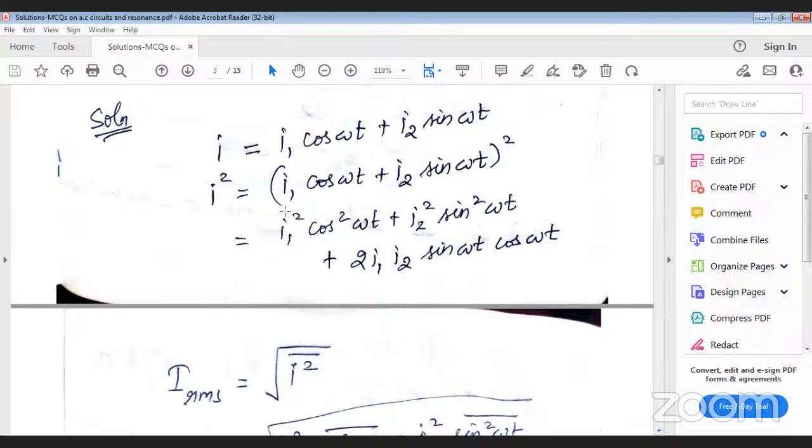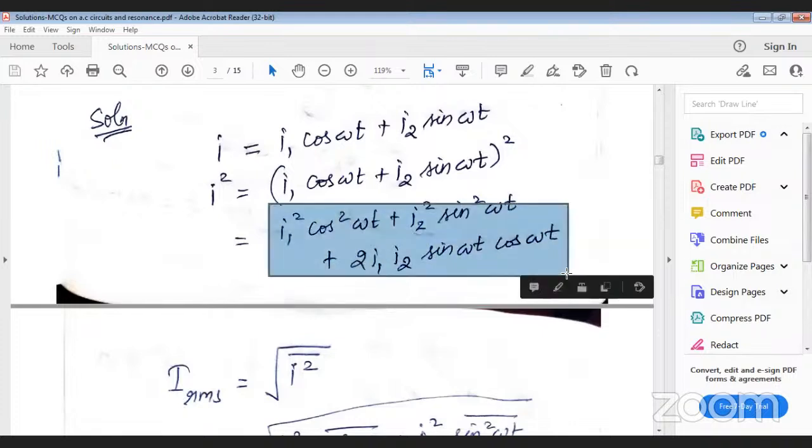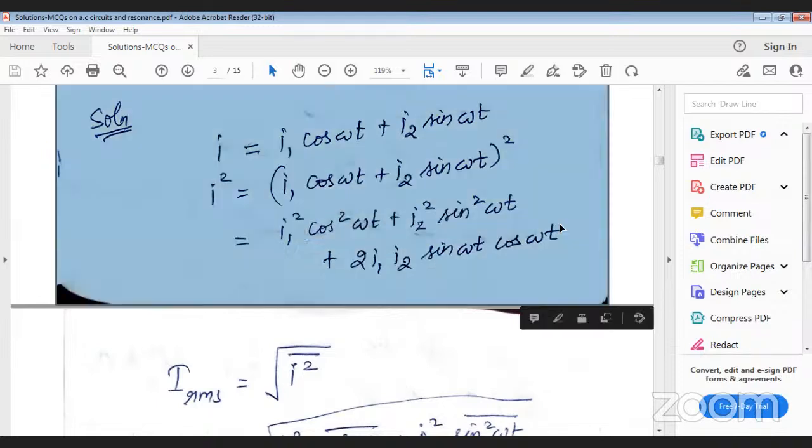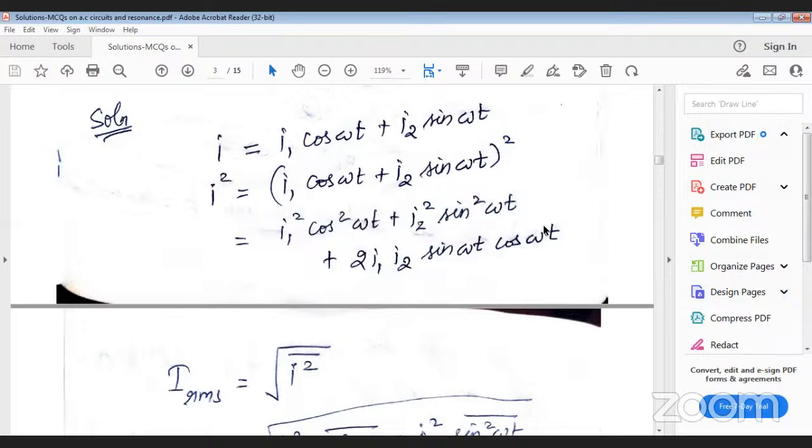So if I want to take the mean or average for these terms, what I have to do is take the average only for these variables: cos squared omega t, sin squared omega t, and sin omega t cos omega t. All the other terms are constants, so there is no question of doing anything when you talk about mean or average.